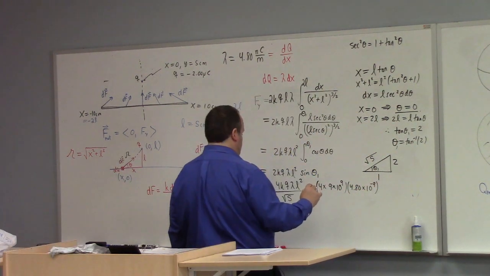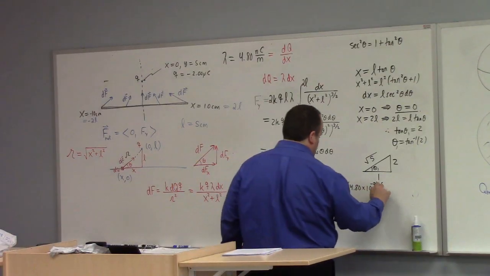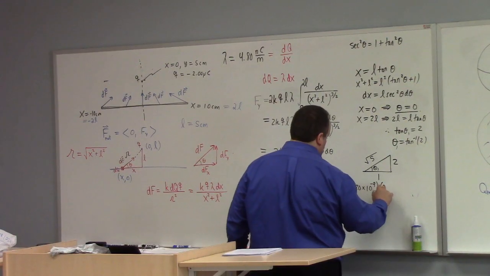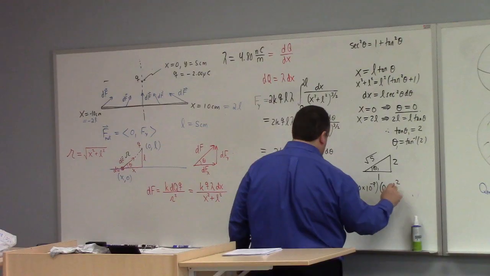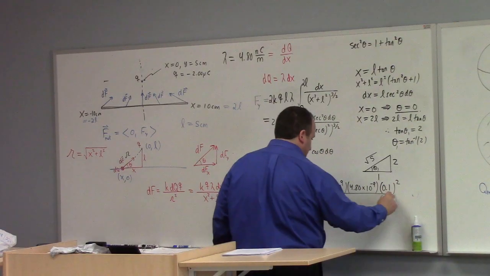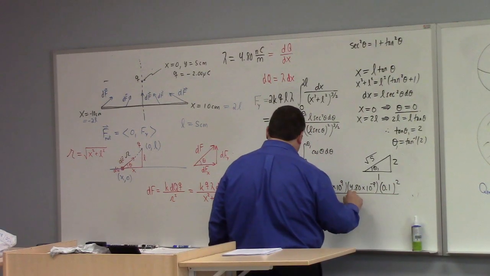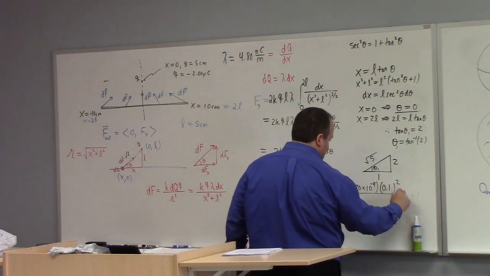And my L squared is 0.1 squared divided by square root of 5. And the units on this had better be newtons.